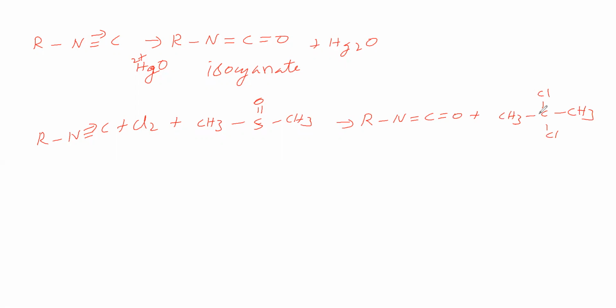Now in this compound the carbon is having 2 chlorine atoms, both chlorine atoms attached to the same carbon, therefore it is a gem dihalide. This name is isopropylidene dichloride.